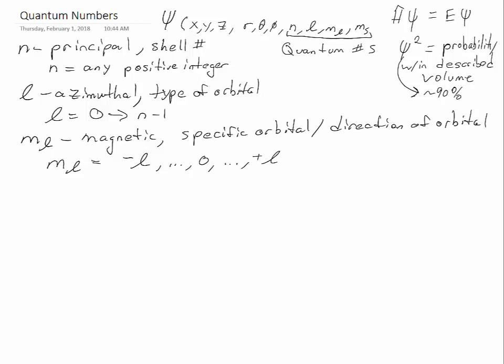This is associated again with the specific orbital and the direction in terms of which axis the orbital lies along, or which axes the orbital lies along. m sub s is the spin quantum number. This just specifies a specific electron, up or down, and the values are plus or minus 1/2.